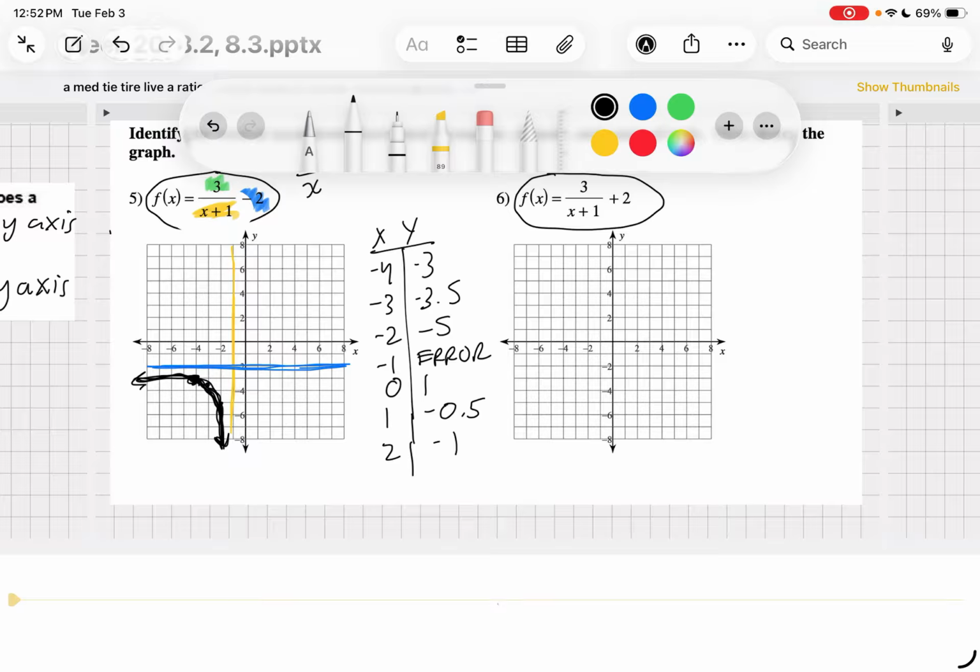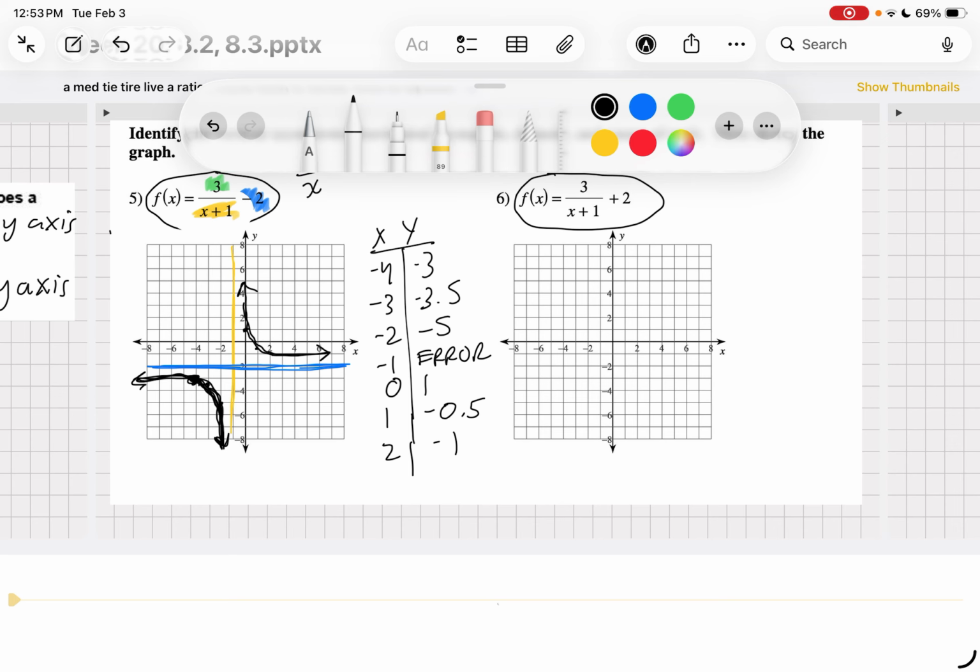All right, and then on the other side, on my right side of the graph, I've got a point at 0, 1. That's going to be right here. And then at 1, -0.5, which is going to be right there. And then at 2, -1, so I can see my bend happening. Okay? So that is my new graph.